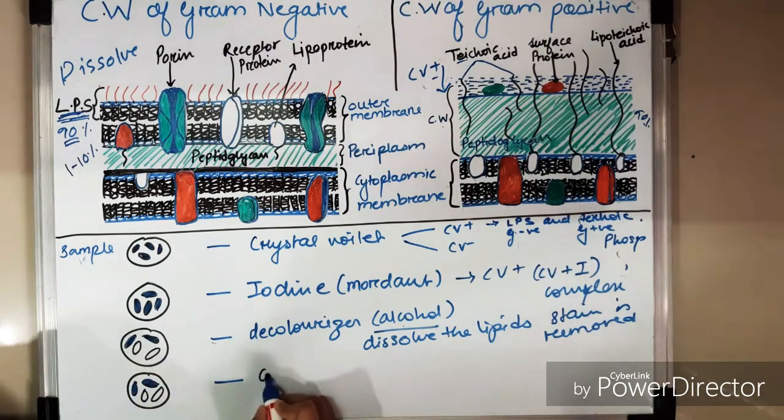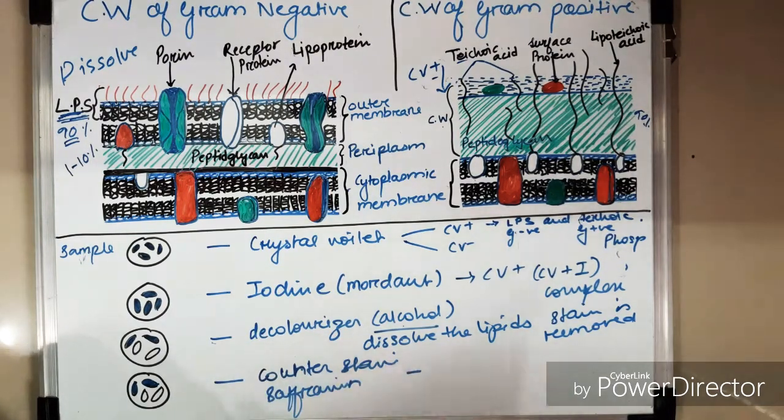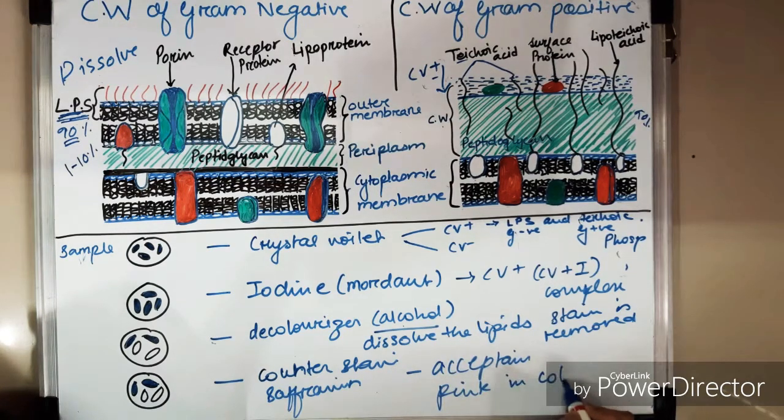When the counter stain is added, which is safranin or maybe basic fuchsin, the cell wall of the gram-negative bacteria accepts that counter stain and stains itself pink in color. So this is the principle of gram staining.